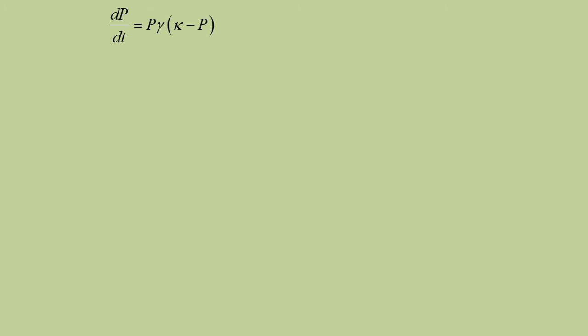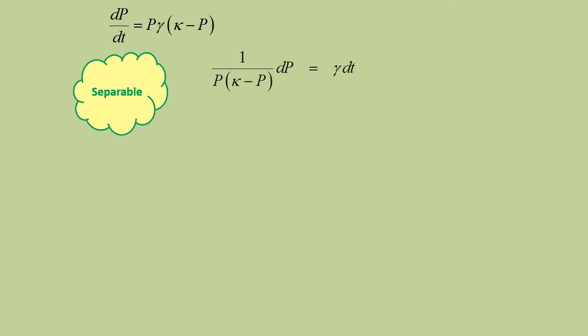Solving this differential equation is actually an exercise in your homework, but I'll get you started on it without doing the whole thing for you. You notice here that we have a separable differential equation. So we'll collect all the P's over on the left-hand side and the t's over on the right-hand side.